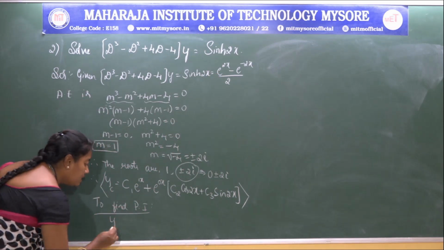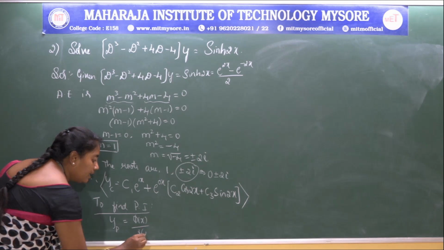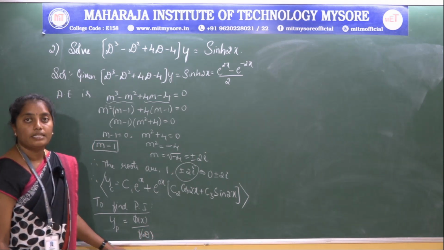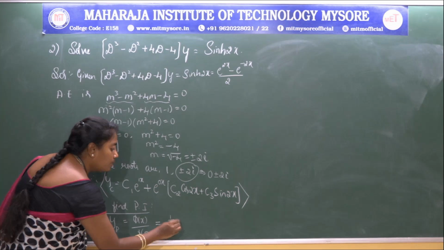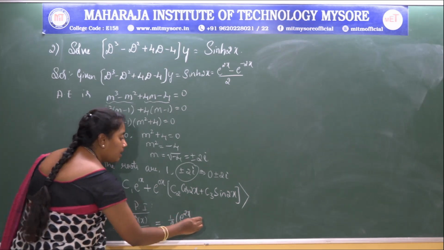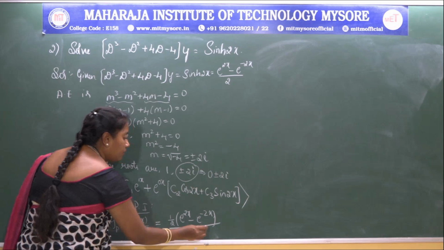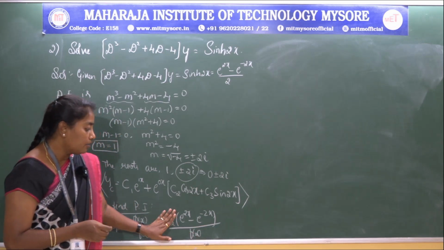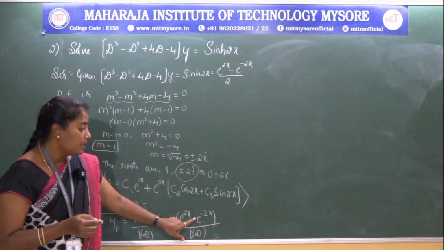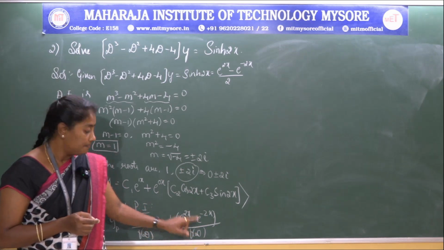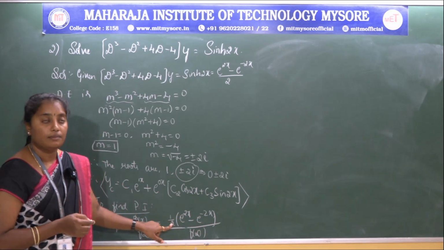The yp formula is yp equal to phi of x divided by f of D. Here the value of phi of x is 1 by 2 into (e to the power of 2x minus e to the power of minus 2x), whole divided by f of D. To simplify this, we split it as e to the power of 2x divided by f of D minus e to the power of minus 2x divided by f of D. We carry out the procedure for both elements, and 1 by 2 is the common term.